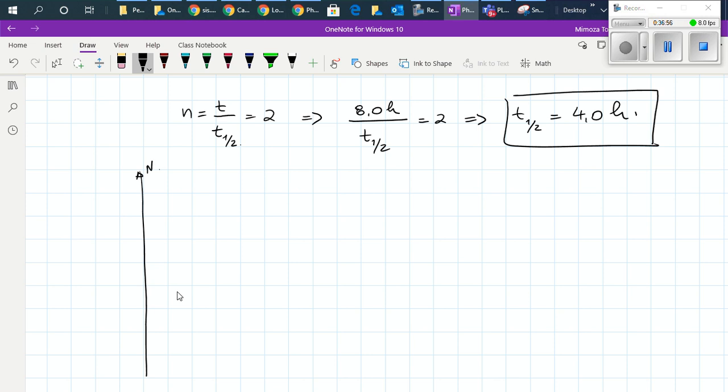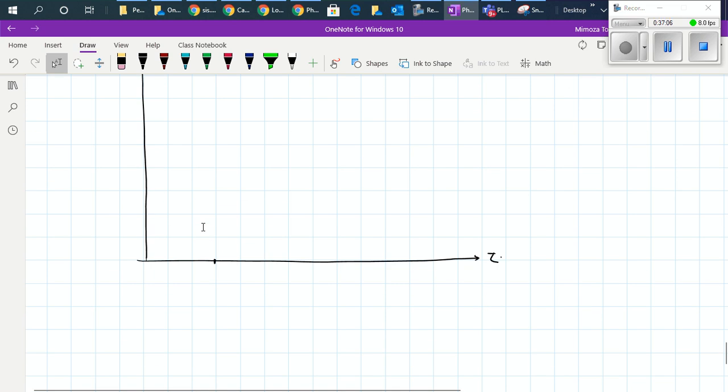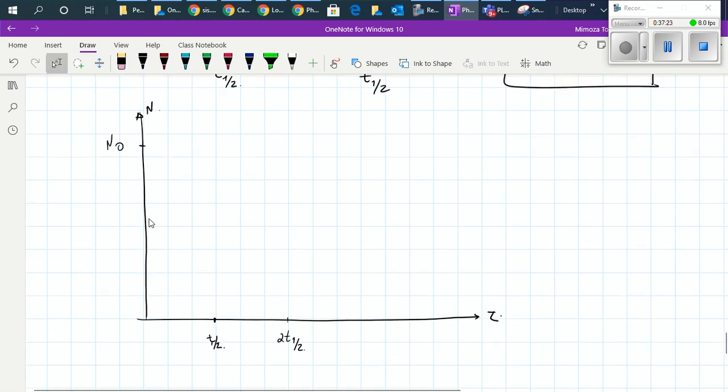The graph that represents the half-life is something like this, where N is this one here and time is here. If we have one half-life, then we will have N0, and then 2 half-lives will have half of N0. So let's make N0 here.